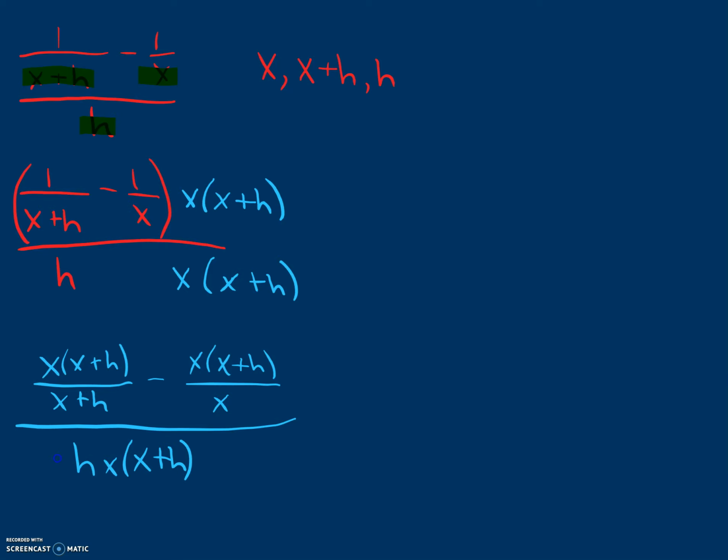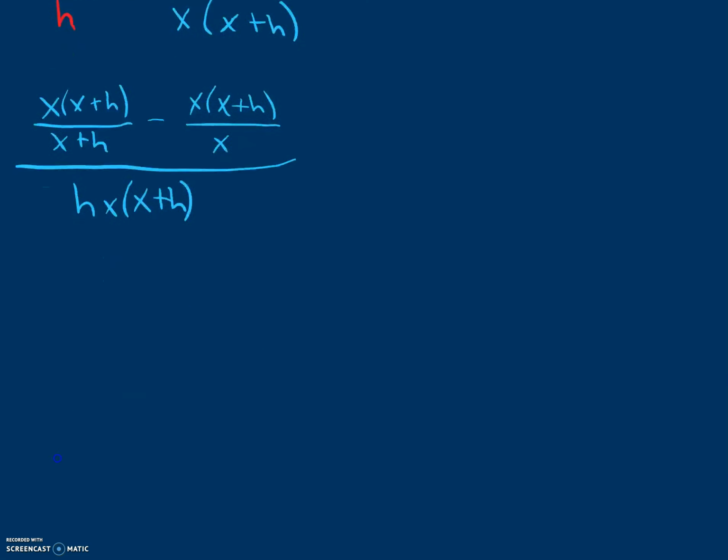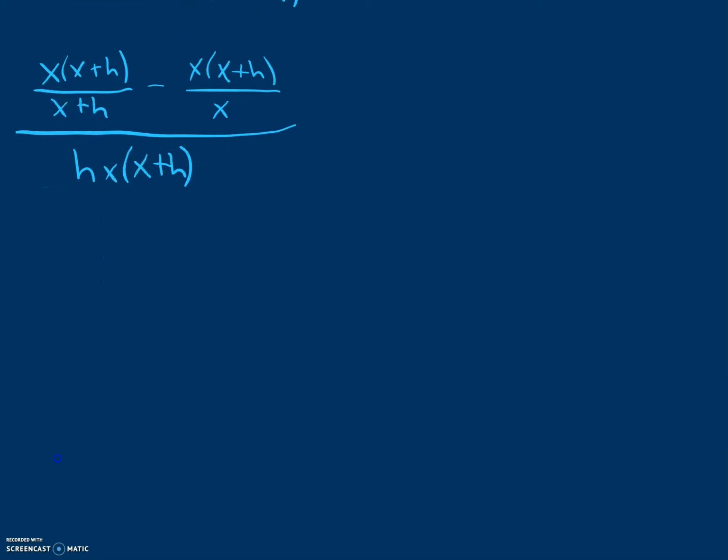You should be able to see there are some things we can factor out here. This is 1. This is 1. So on the top we have x minus x plus h, all over xh times x plus h.